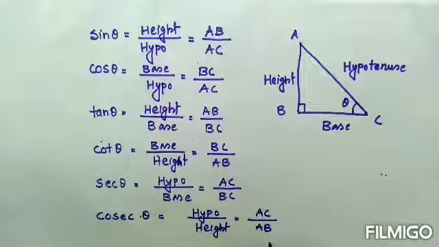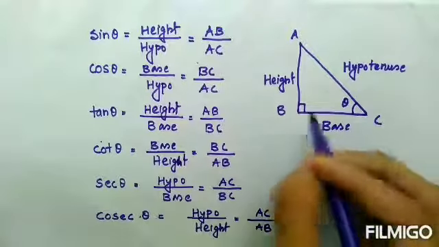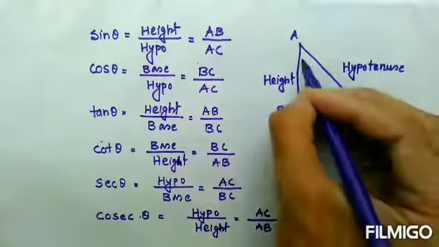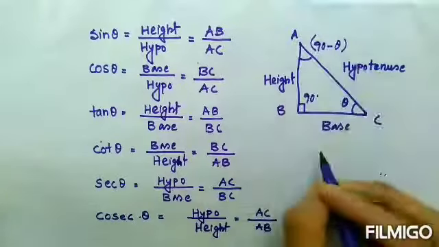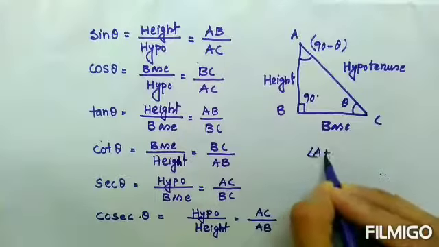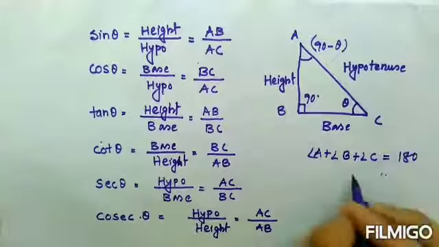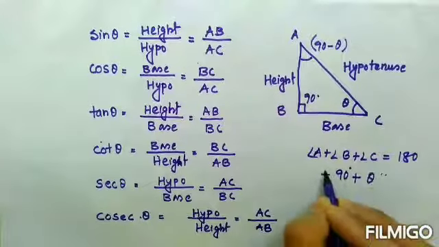We will learn in the next video about formulas that can be derived from this and another triangle. So I am giving one hint here. Suppose this is 90 degree, this angle is theta, then this angle will be 90 minus theta, as angle A plus angle B plus angle C is equal to 180 degree, angle B is equal to 90 degree, angle C is equal to theta.